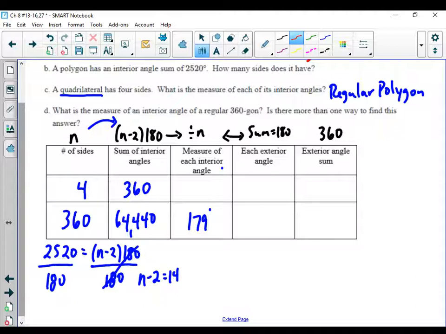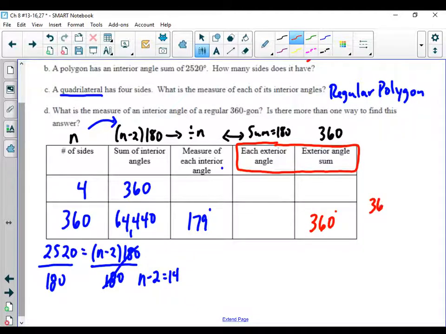They said, is there more than one way to find this? We just focused on the interior angles, but there might be a way we could find this by first focusing on the exterior angles. I know I have 360 sides. I also know the exterior angle sum is 360. So if the total is 360, I've got 360 of those angles.